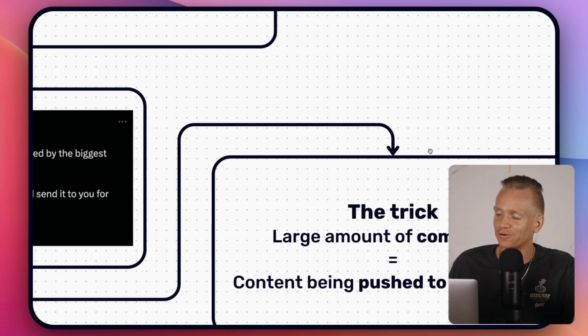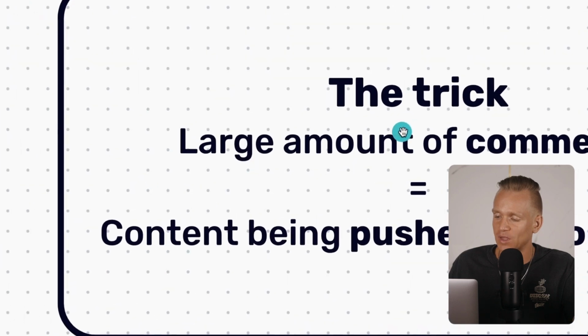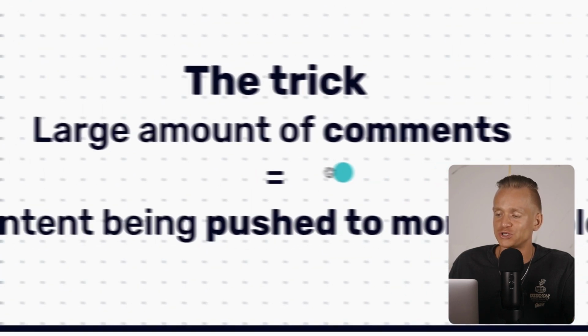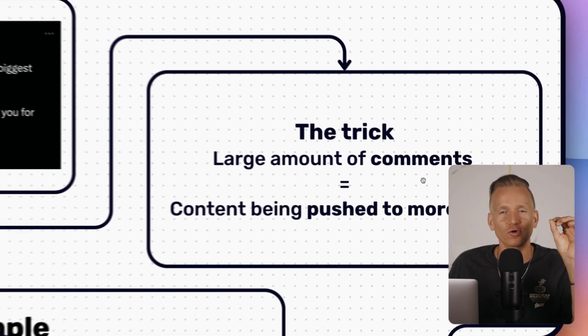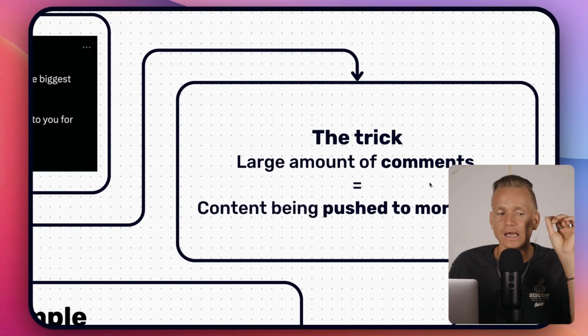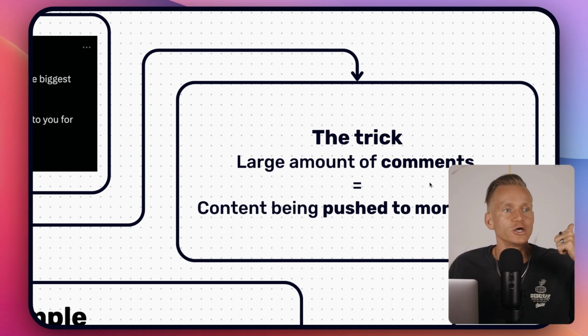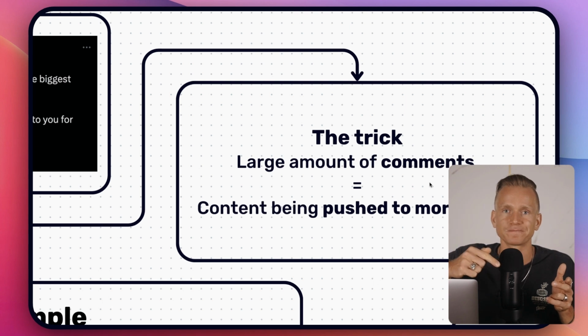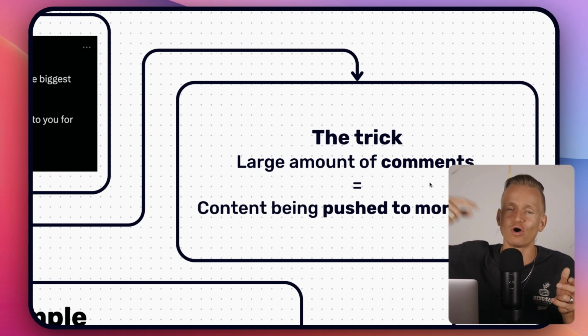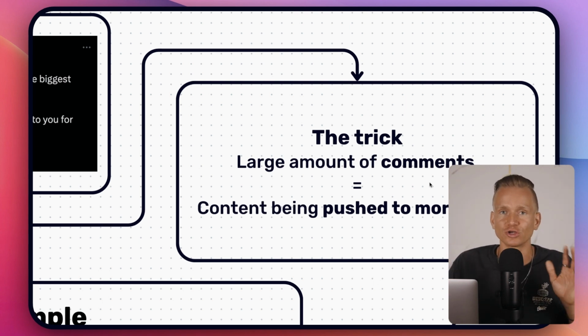But basically here, the trick is that the more comments you get, and comments on most social media platforms are one of the main things that help boost your engagement, especially on Twitter and Instagram. It works really well on LinkedIn, because when someone comments on your post, a lot of their connections are going to see your post.